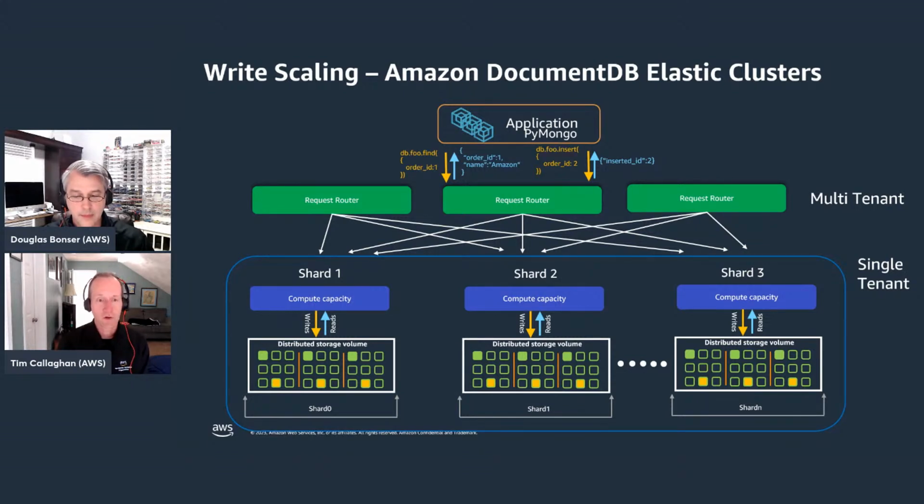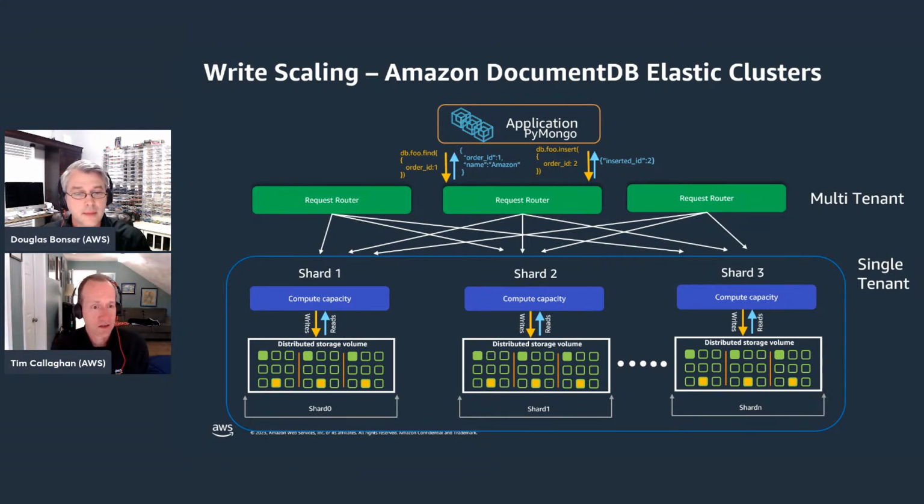So as long as you pick a good shard key, and that's a topic for another day, your writes are going to pretty much hit shard 1, shard 2, shard 3, and be well distributed between the 3.